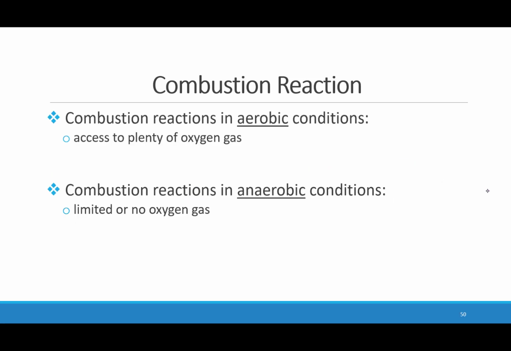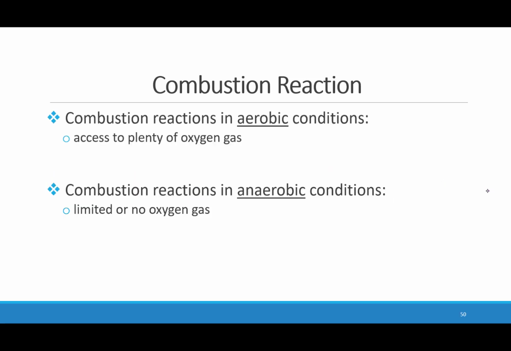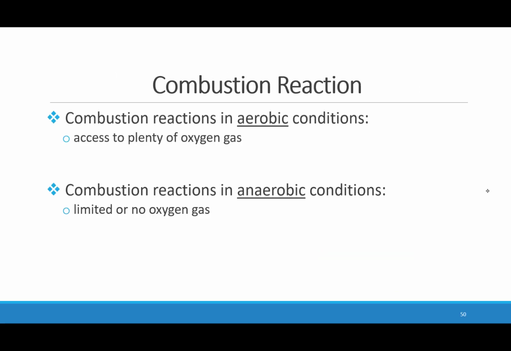Now, following the previous talk about combustion of organic compounds, now let's talk about aerobic and anaerobic conditions. When we have aerobic conditions, that means we have access to a lot of oxygen gas.